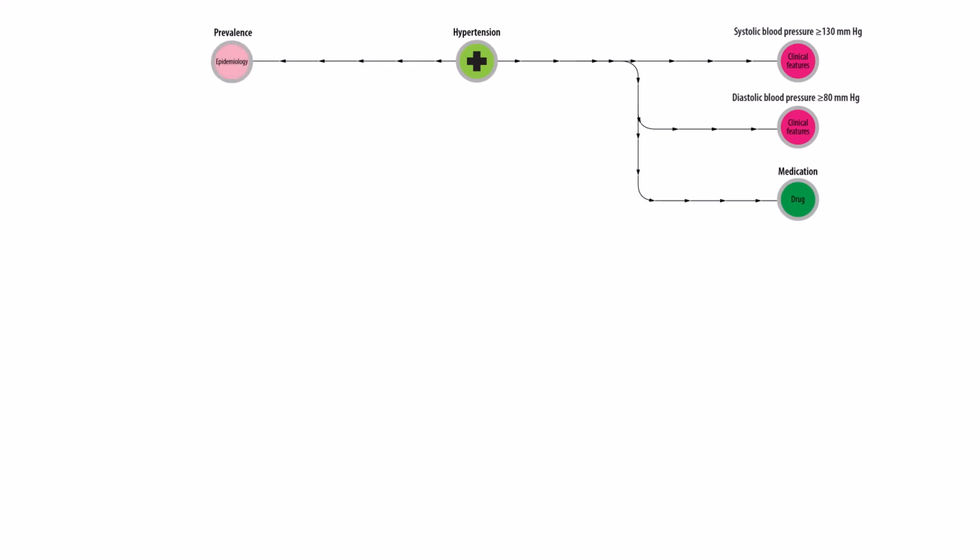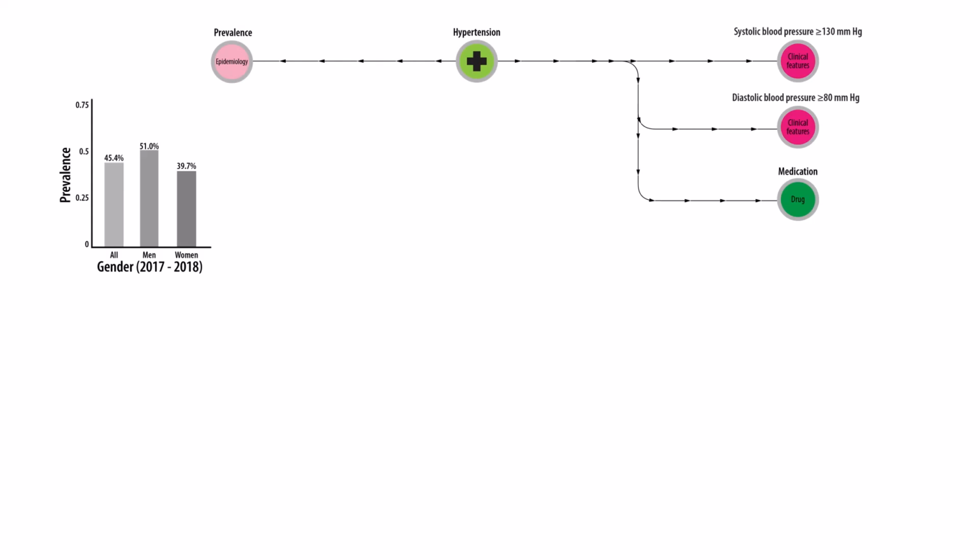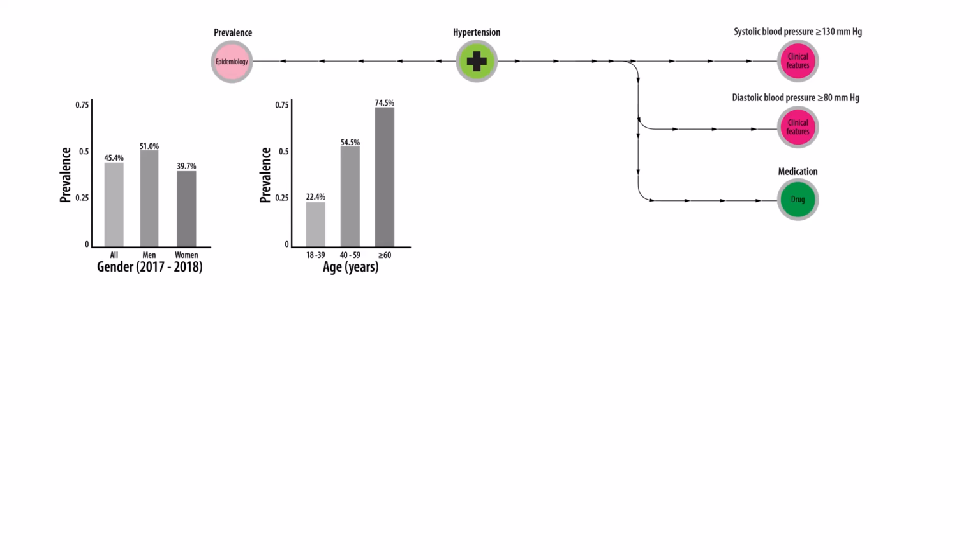It's rather prevalent. For example, between 2017 and 2018, the CDC reported that all genders had it at about 45.5%. It was slightly higher for men at 51% and slightly lower for women at nearly 40%. Likewise, it changes with age.